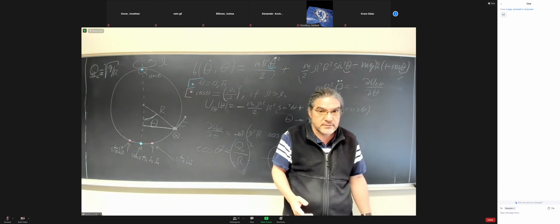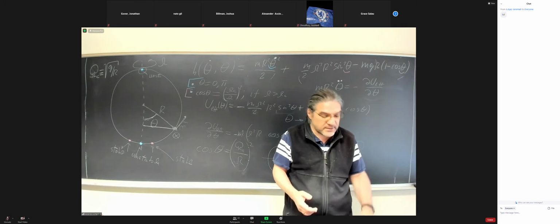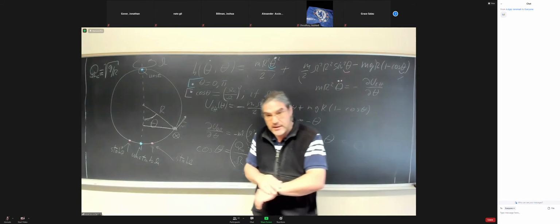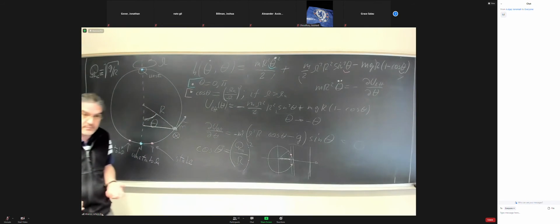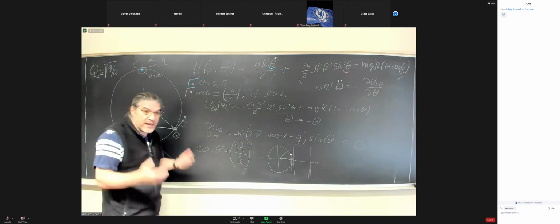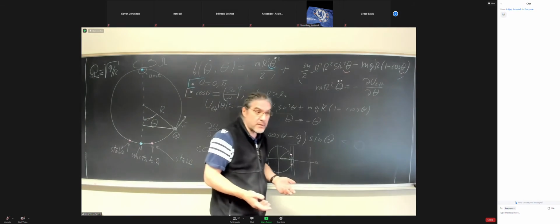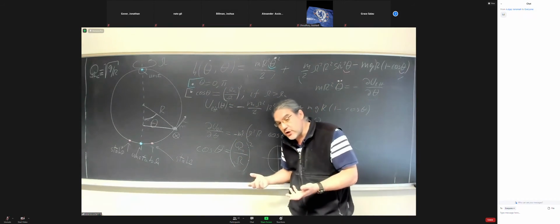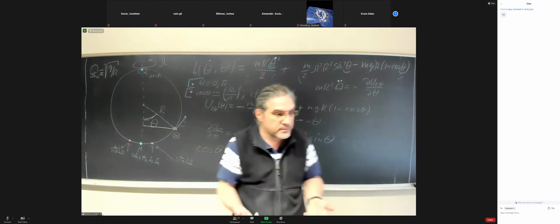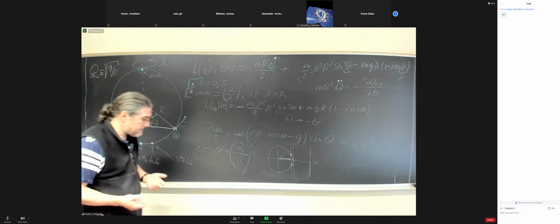Right? Makes sense? So the state breaks the symmetry of the problem. The equilibrium state breaks the symmetry of the problem. The problem is still symmetric, but the state which we observe is not. Okay?